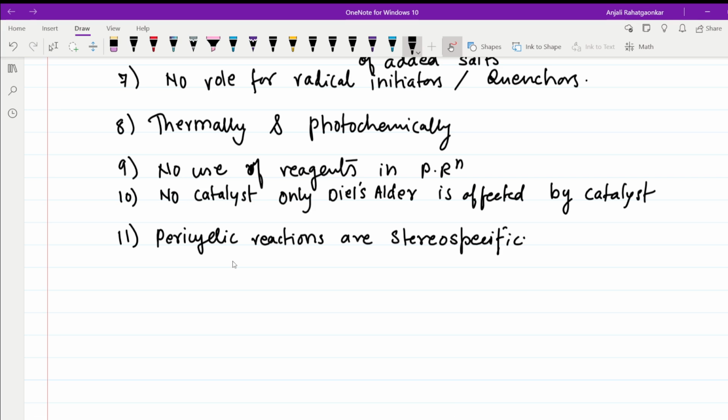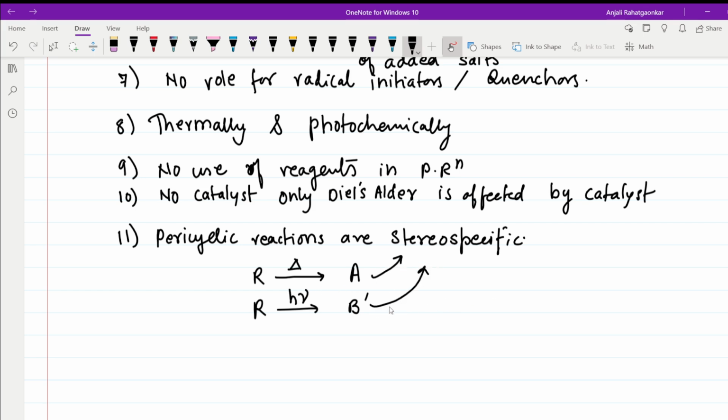For example, suppose these are the reactants, and the reaction takes place thermally, so you will get some product A, or the same reaction takes place photochemically, and you may get product B. So the stereospecificity is maintained here.